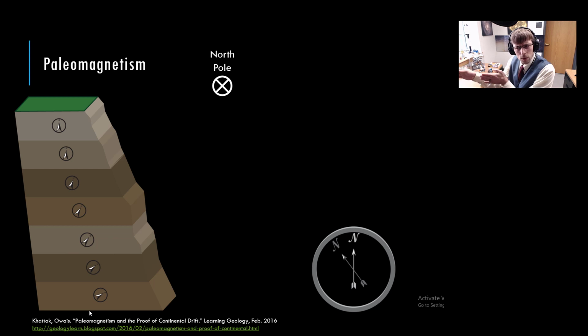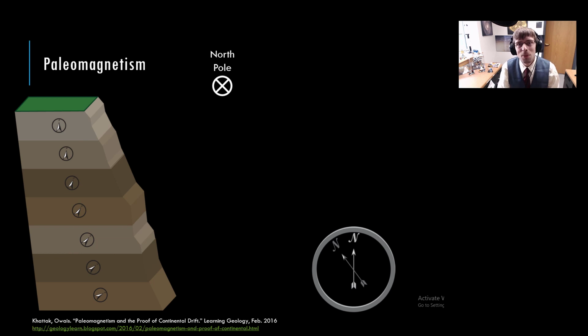So they're pointing north, and then they get frozen in place so they can't rotate anymore. Later, another layer of rock gets deposited on top. The iron in that layer of rock aligns with north, locks into place, and is no longer allowed to rotate. The next layer, the next layer, the next layer.